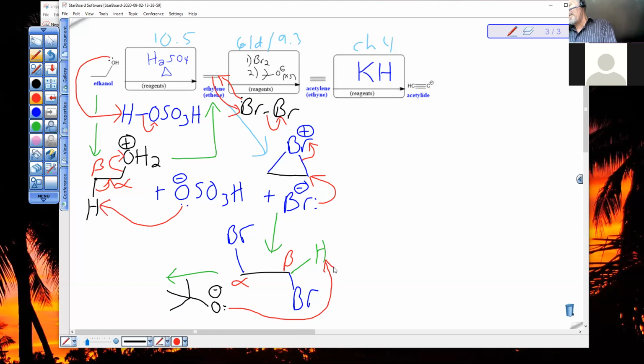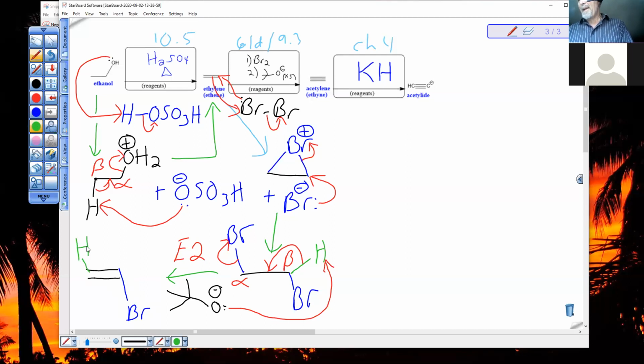Grab the H. Sigma becomes pi. Bromide leaves. This is classic E2. Nice way to make new pi bonds. So now we have our pi. We still have an old bromide from before, which we didn't get rid of. And we have an H over here.